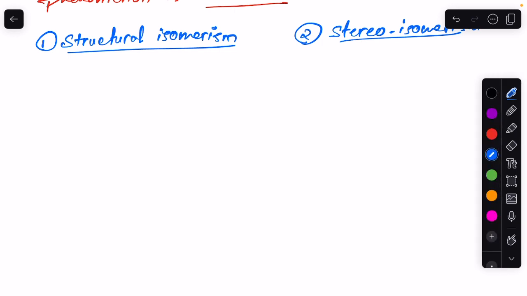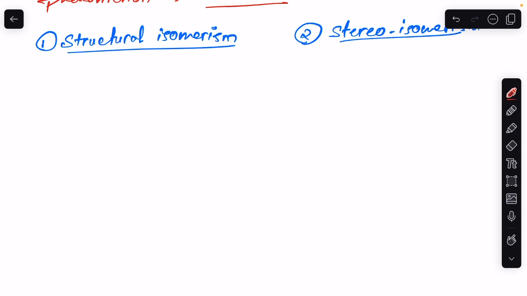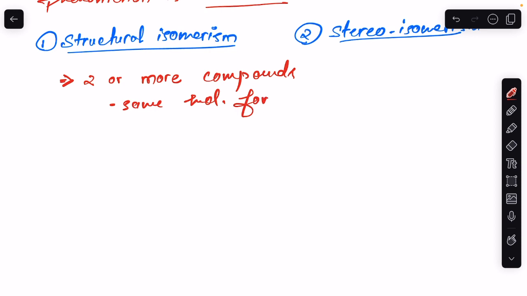If we have to define structural isomerism, basically when two or more compounds with the same molecular formula are of different structures. What do we mean by different structure?